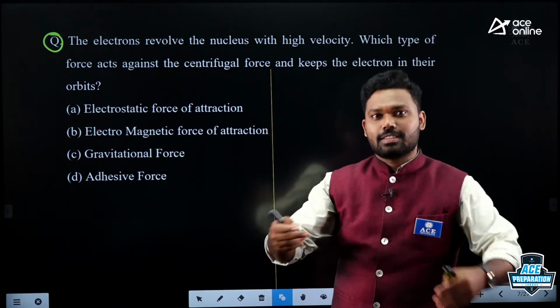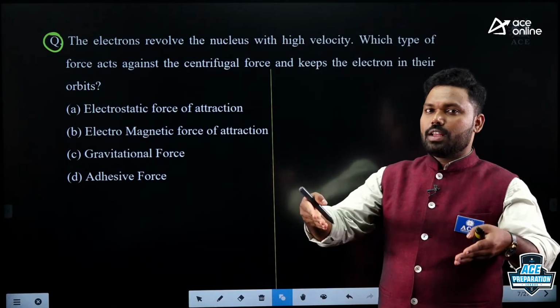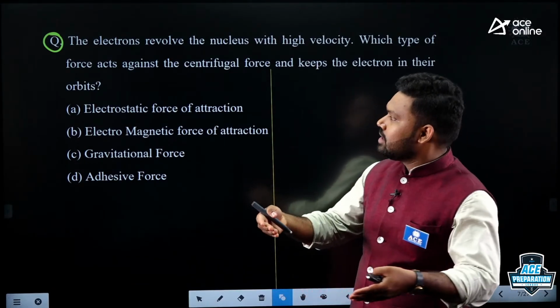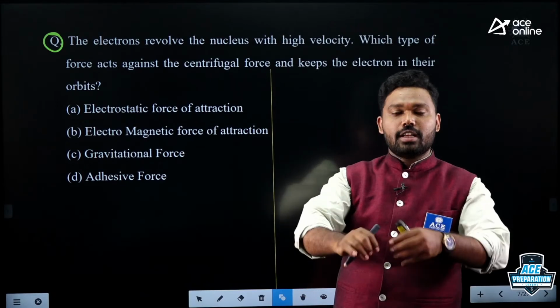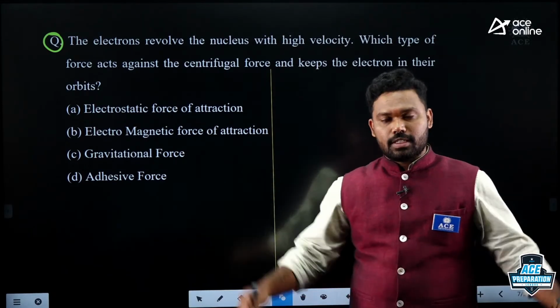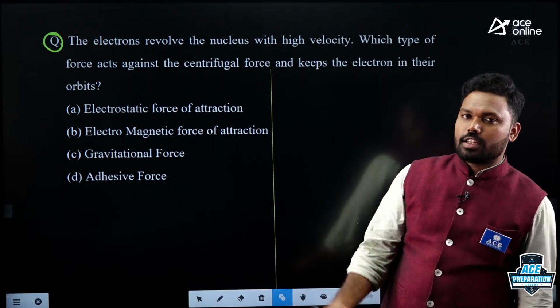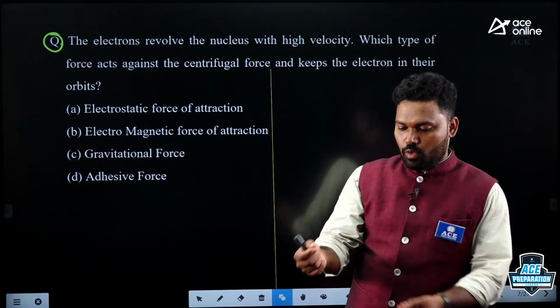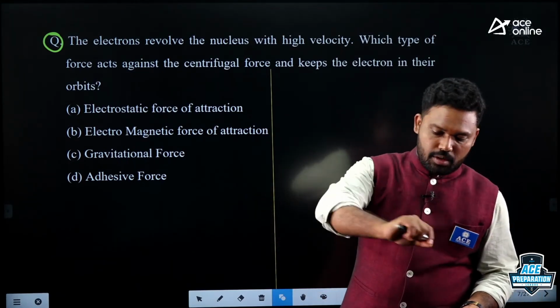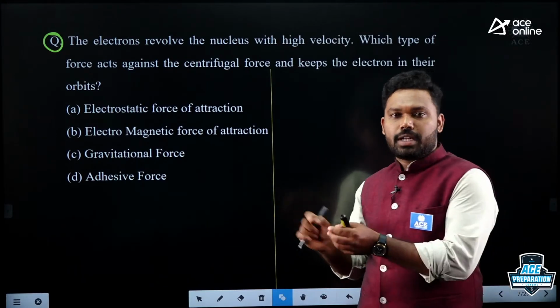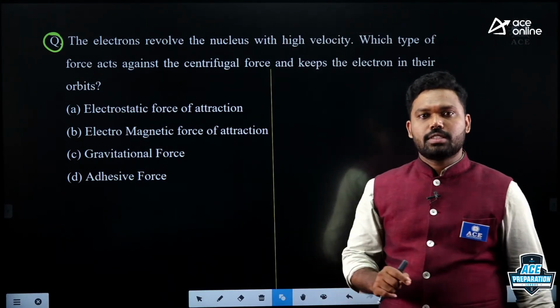Rose petals will be like this. So the centripetal force is towards the center. Centrifugal force is away from the center. As we all know, if you want to keep that body rotating, the centripetal force and the centrifugal force must be the same.